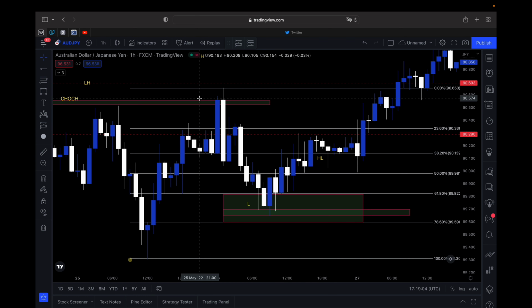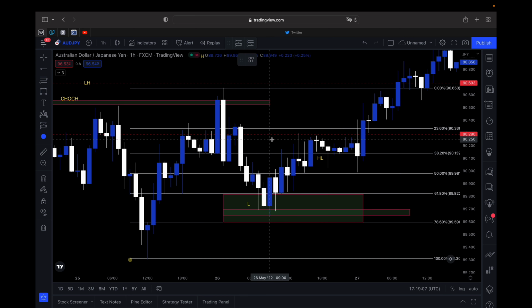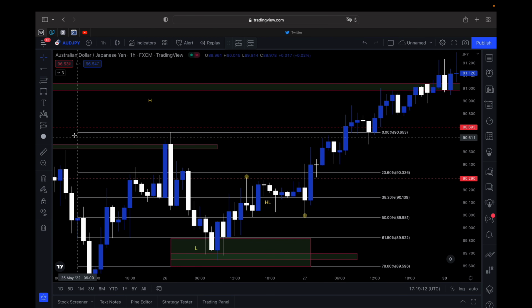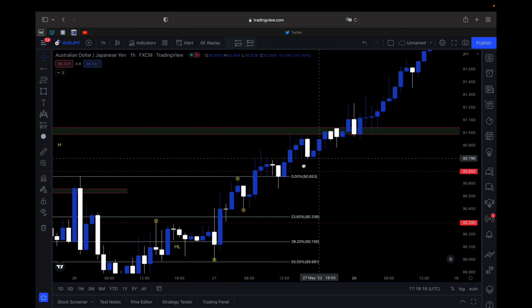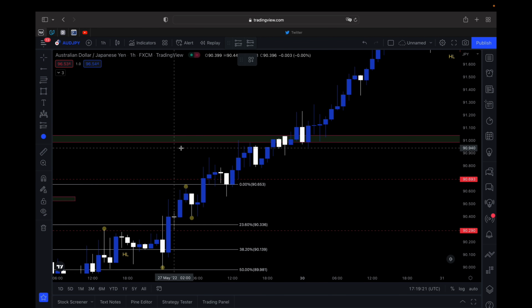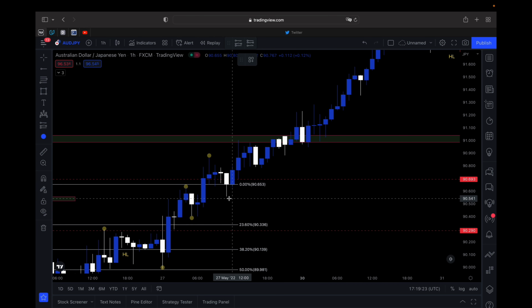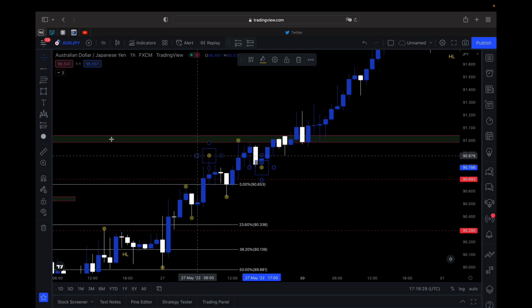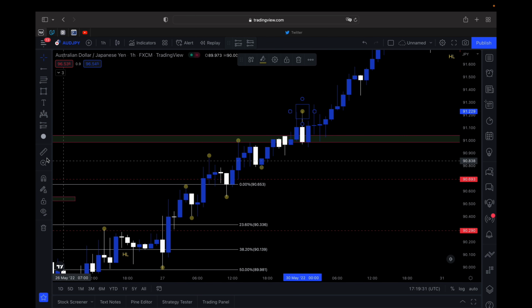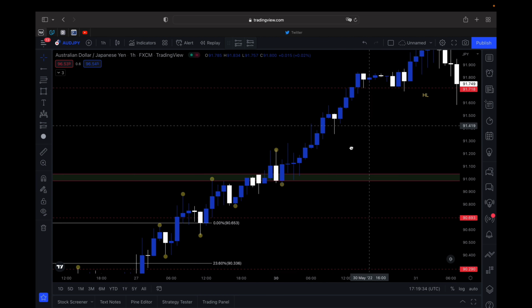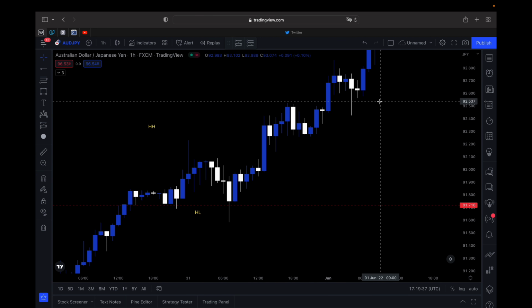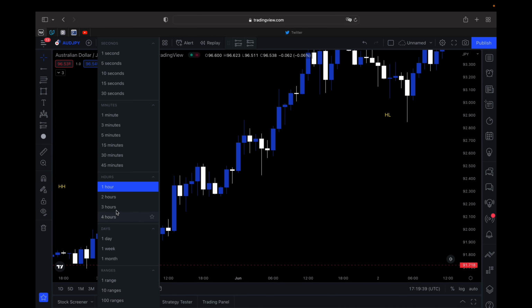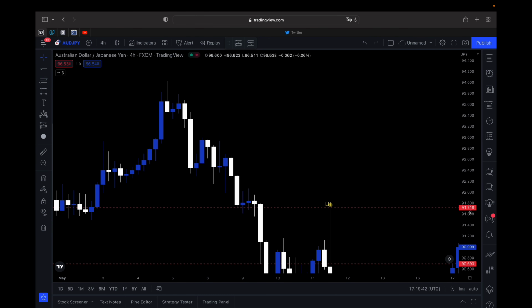A movement upward, an impulsive movement, a retracement to this level, an impulsive movement, a retracement that way to the upside, a retracement here, an impulsive move created a new high here, a retracement, created a new high, a retracement, and that's what price has been doing all the way along to the upside, as you can see. So this is it. This is how you spot a bullish trend.